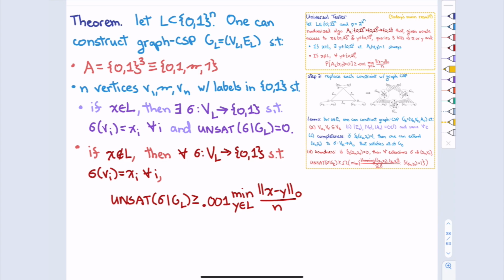But of these, there will be n distinguished vertices such that if x is some n-bit string in the language, then there's some way to label all the vertices so that the ith distinguished vertex gets the ith bit of x, and you satisfy everything. So the n distinguished vertices model the n bits of x, so that if you have values for x that will be accepted into the language, you'll be able to label everything else and satisfy everything.